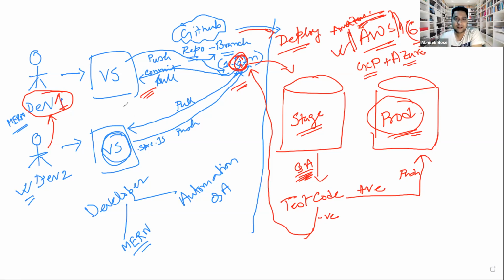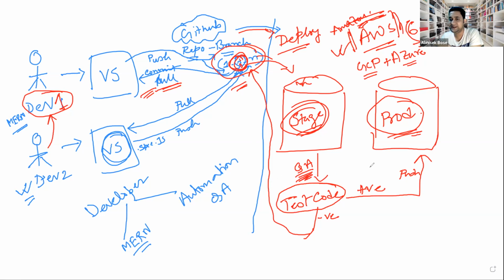Now, just think, someone pushes the code, that is okay, our developer is pushing. Now from the GitHub, we need one person who will deploy to the stage server. Once the code is here, someone needs to test the code, and that person will say it's negative or positive.